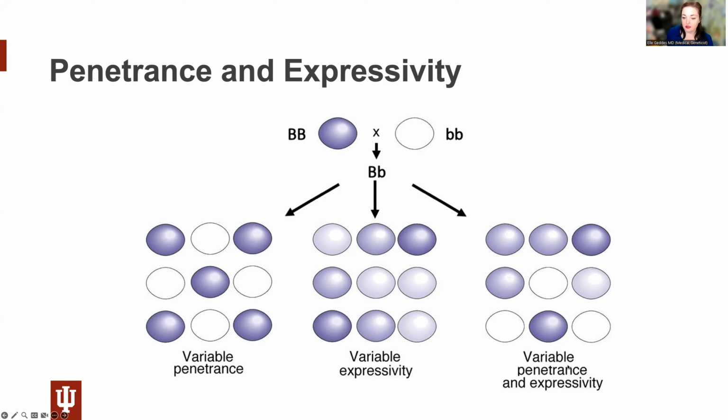And the final way as well, there's variable penetrance and expressivity. So they're genetically purple. They may or may not look purple, and they might be all different shades of purple. And almost all of the genes that we understand for heterotaxy fall into this. And so that once again just adds further complications to interpreting the variants we get and determining the underlying cause of why someone has heterotaxy.